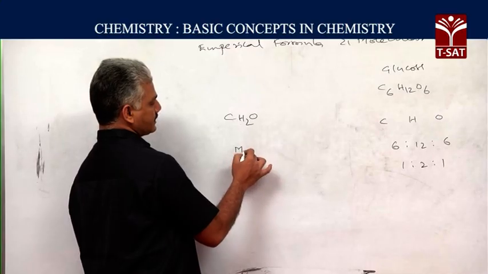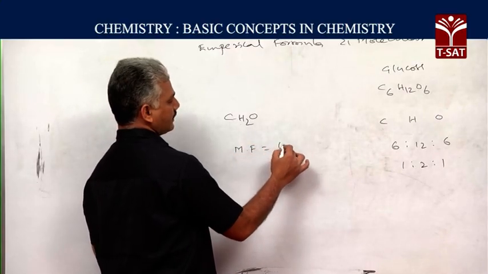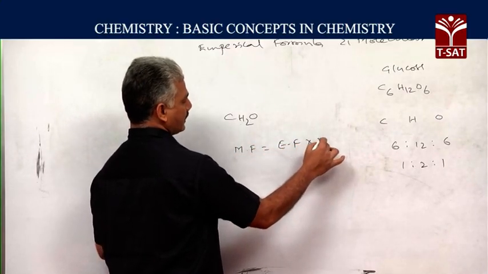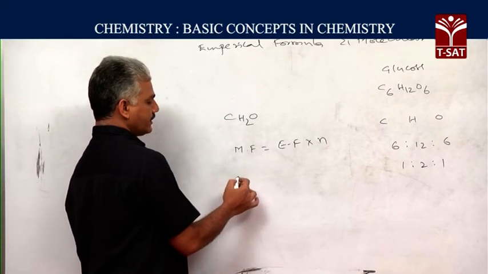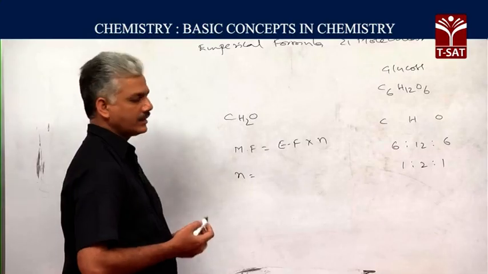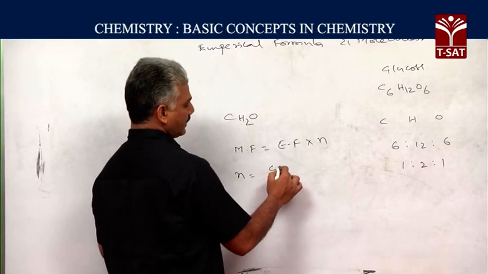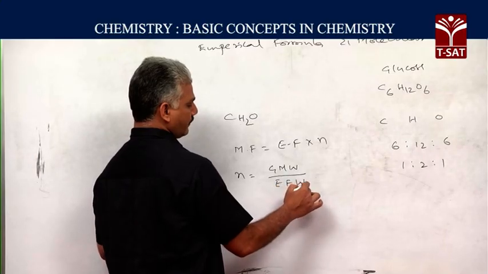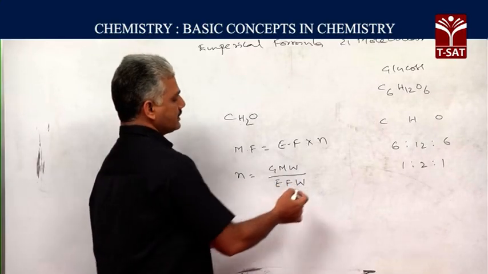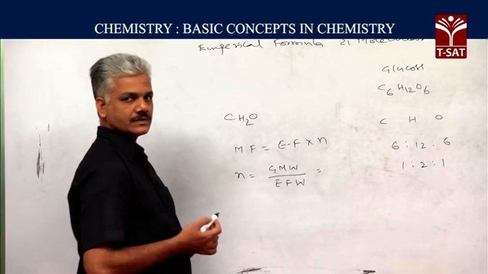The relation is: molecular formula is equal to empirical formula times some integer n. This integer value can be calculated by using the relation gram molecular weight divided by empirical formula weight. In general, we get fractional values only.